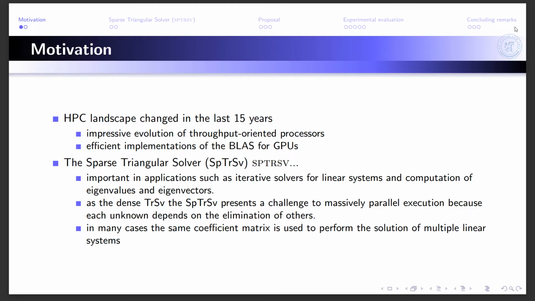In the past 15 years, the HPC landscape changed a lot. The main change, or one of the main changes, is the introduction of GPUs for general purpose computation.